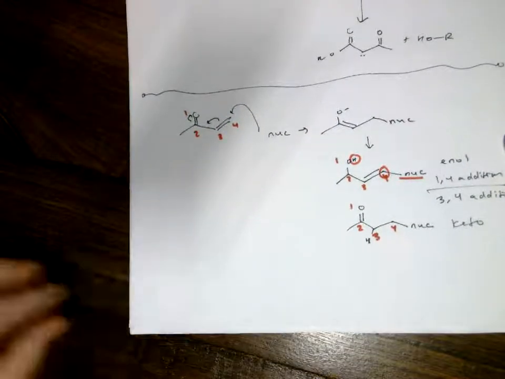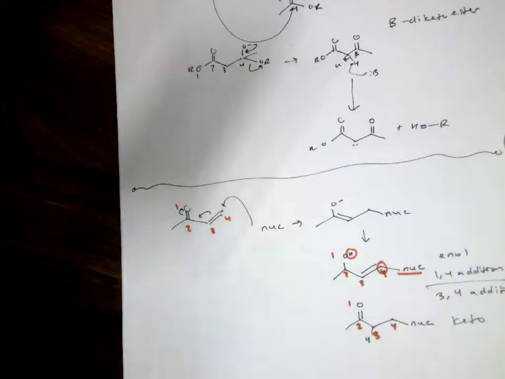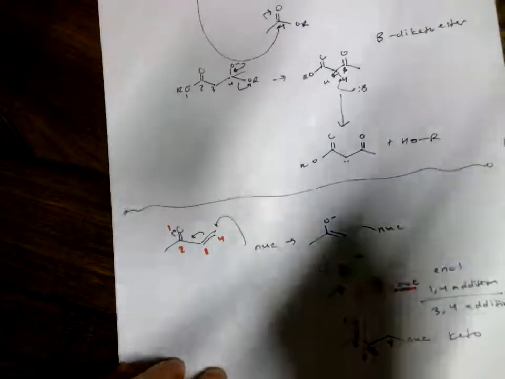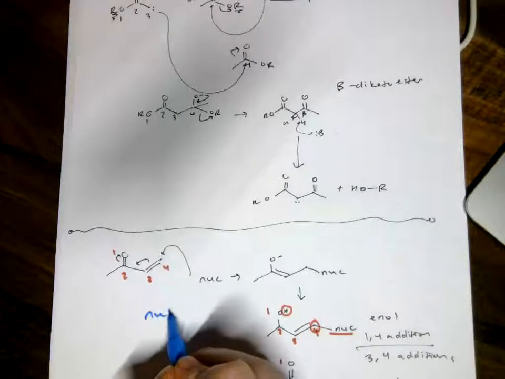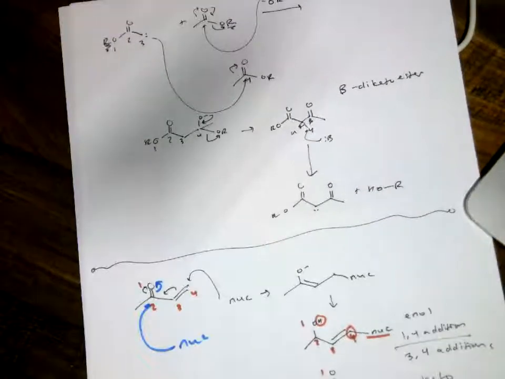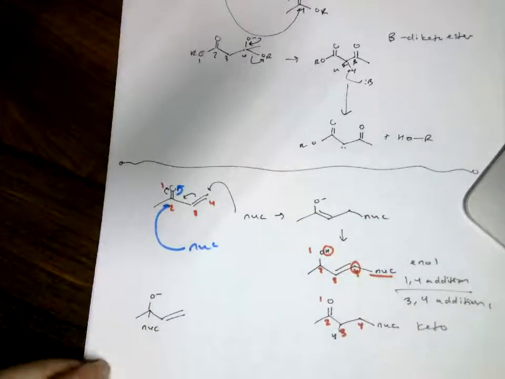1,2 addition, on the other hand, I'll draw this in another color. If your nucleophile, this one you have seen over and over. Let me get this sort of organized. If your nucleophile attacks right here and this kicks up, you get O minus with your nucleophile down here and your double bond is untouched.